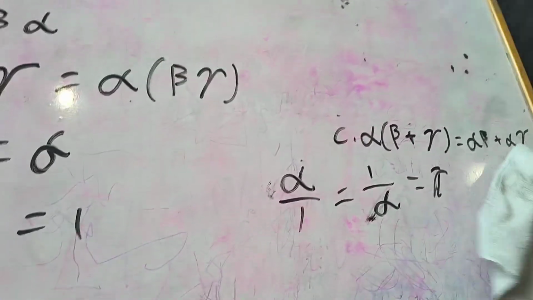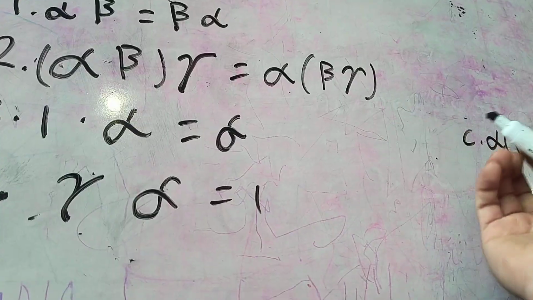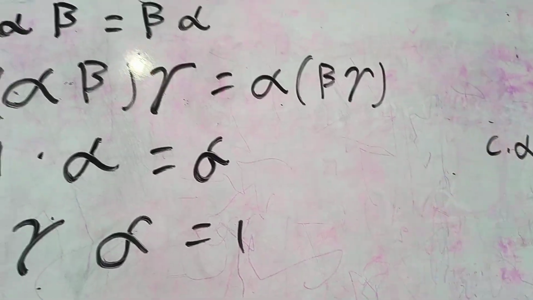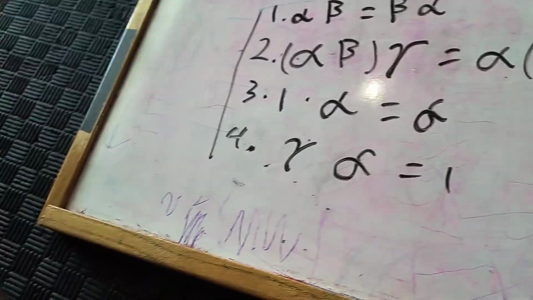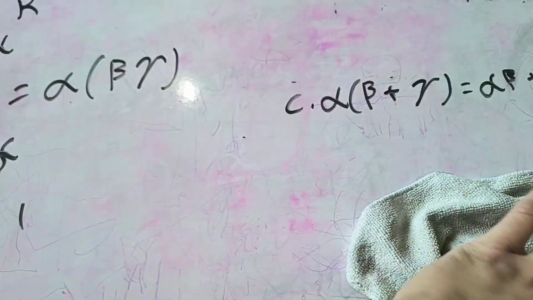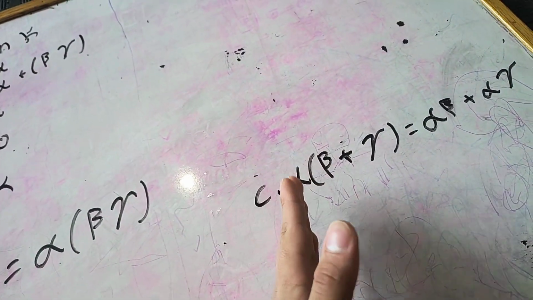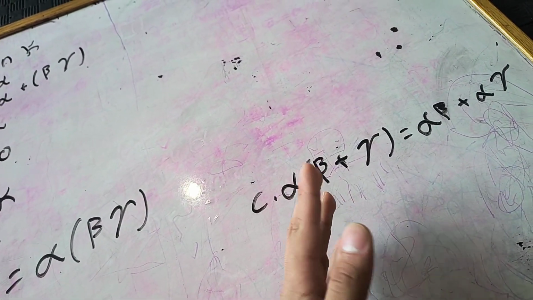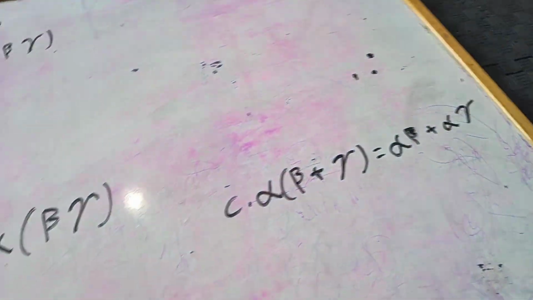And alpha times 1 over alpha is just 1. The last thing is the distributive property, C: alpha times beta plus gamma is the same thing as alpha times beta plus alpha times gamma.